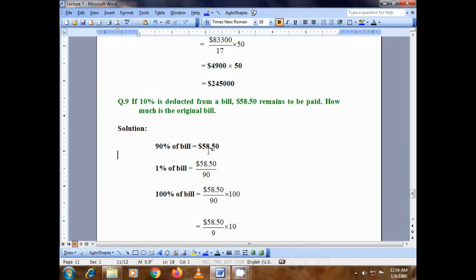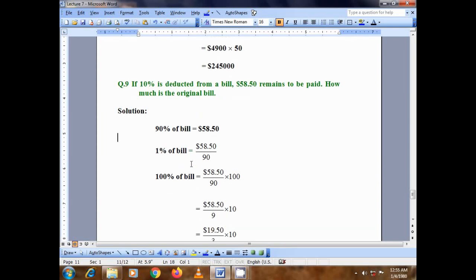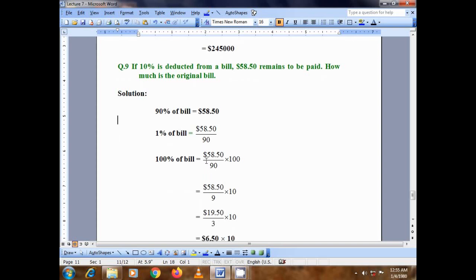Actually, this 58.50 is the 90% of bill. If 10% is deducted from a bill, it means that 90% of the bill is $58.50.